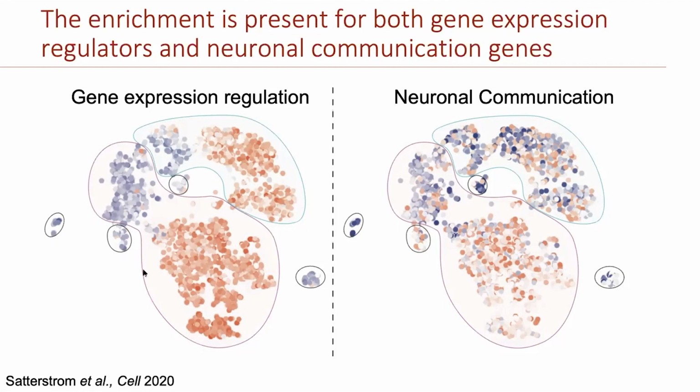We actually see a clearer picture in the gene expression regulation genes of that being more specific to the mature excitatory and inhibitory neurons. This is maybe something of a surprise, because remember the gene expression regulators are fairly ubiquitously expressed. It's maybe a slight surprise that they show the true specificity here in cell type.